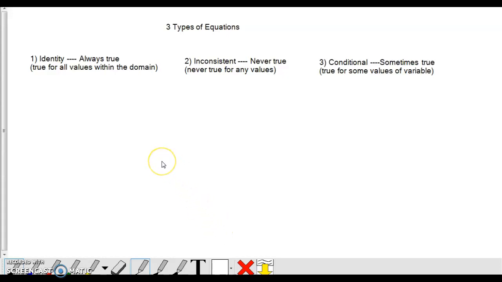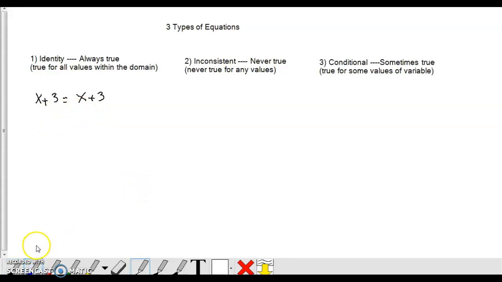The first type we call the identity, aka they're always true. We've seen these types of equations before, where we said x plus 3 is equal to x plus 3. I can plug in any value for x, and I'm going to get the right side equal to the left side.